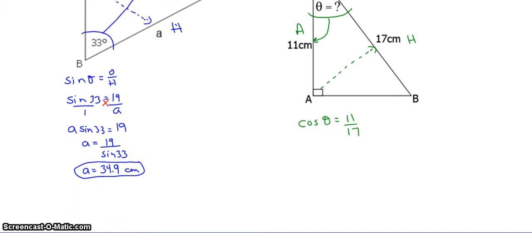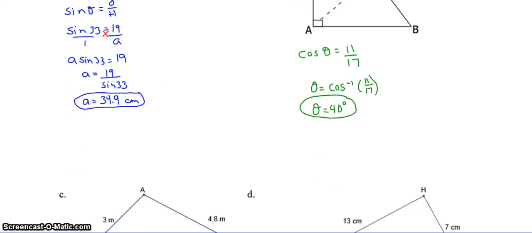In this case, in order to solve for theta, you take the cos inverse of both sides. And again, using your calculator, your answer is 40 degrees, rounded to the nearest whole number. So that's Sohcahtoa solving for sides and angles.